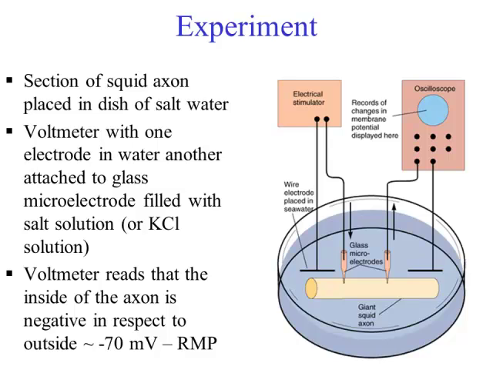And so they'll make a very small little portion of glass that's small enough to stick into a segment of the cell that we're interested in studying. Okay, but then how do you make the glass into a recording electrode? Well, you can fill it up with some type of saltwater solution that will carry a charge.